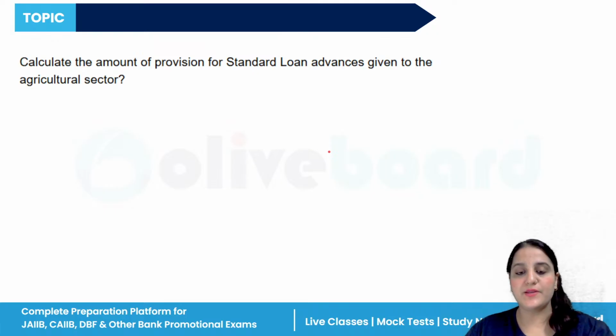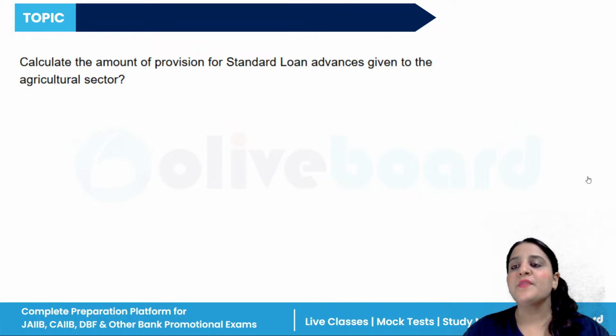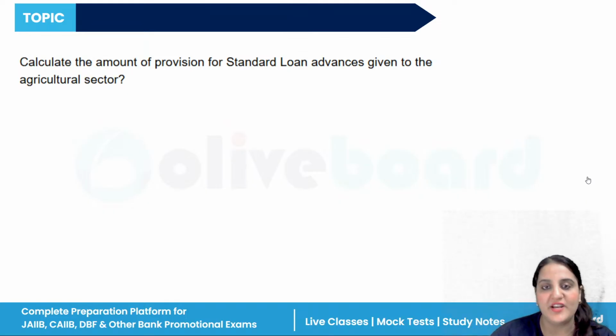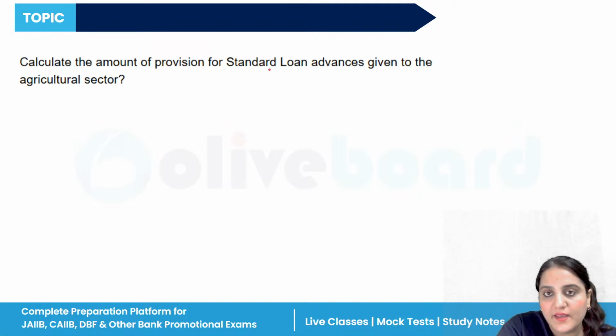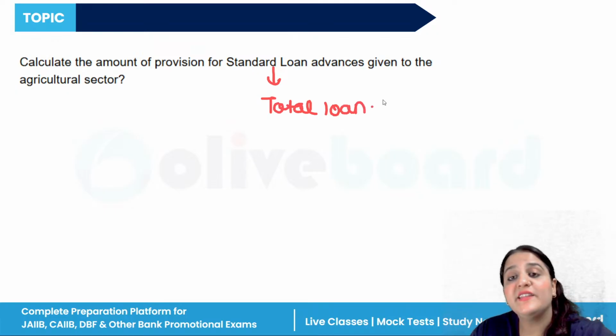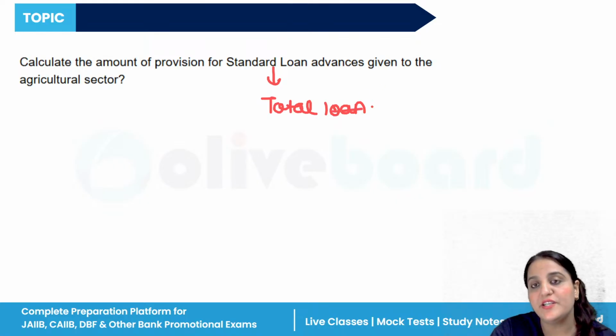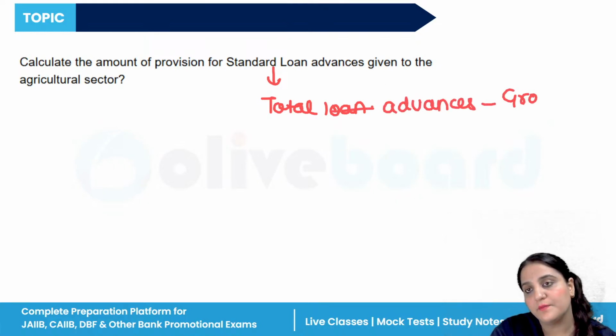Calculate the amount of provision of standard loan advances against the agricultural loan. See, in the case of agriculture, first we have to calculate the standard loan advances. Standard loan advances is calculated as total advances minus gross NPA.